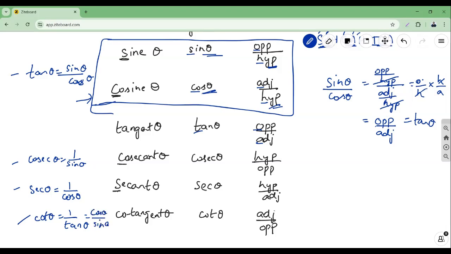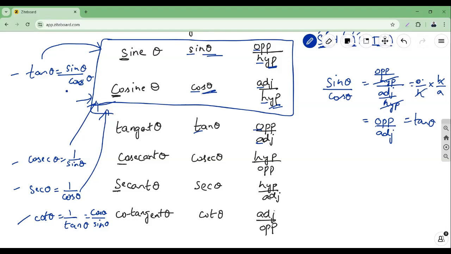See, in the blue color, whatever I've written, everything has only sine theta and cos theta. Means if you know what sine theta and cos theta are, and you know the relationships of the others with sine theta and cos theta, then you don't have to remember adjacent hypotenuse, hypotenuse adjacent. You don't have to remember that.